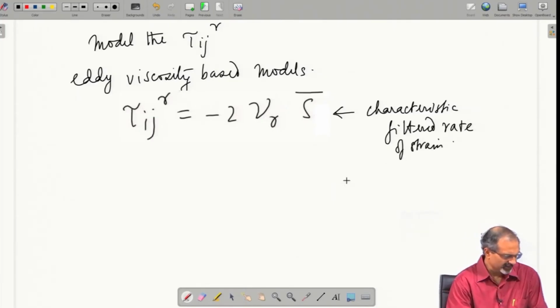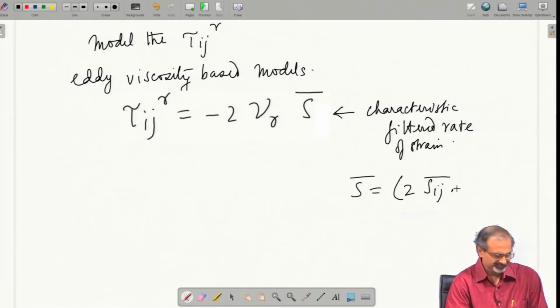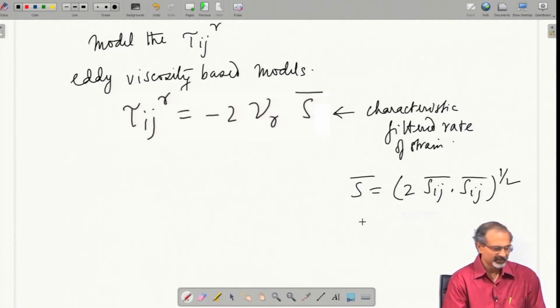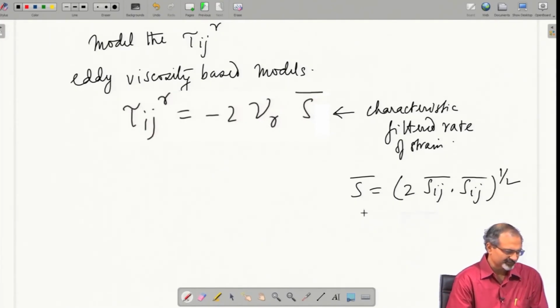And how do we define that? That may be defined by doing a scalar product of the filtered rate of strain or rate of deformation tensor.